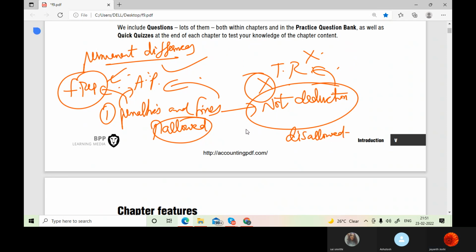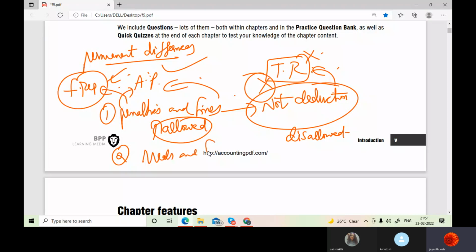Understood? Yes, sir. You cannot reduce your tax based upon this kind of expenses, penalties and fines.